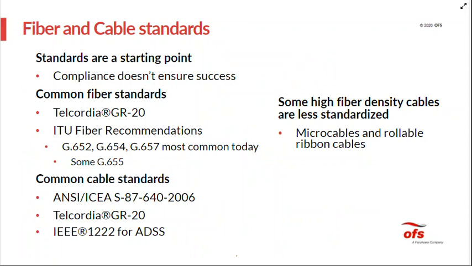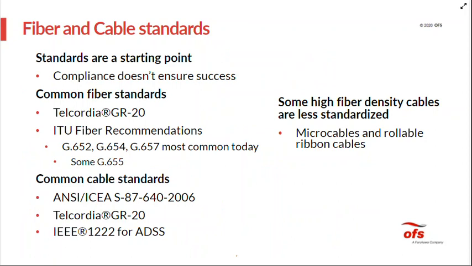So as a starting point, standards are always a very good starting point, but we consider that compliance to standards really is just a starting point. It doesn't ensure success. But I just wanted to highlight some of the common fiber standards and some of the common cable standards. So Telcordia, there are various ITU fiber recommendations.